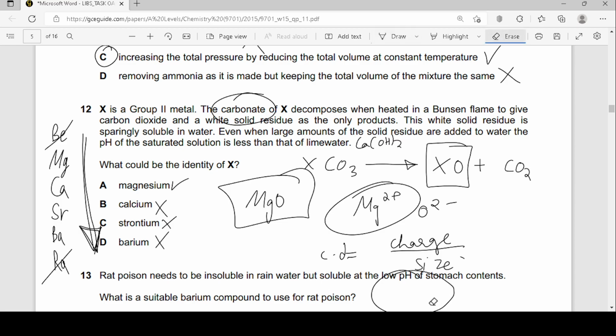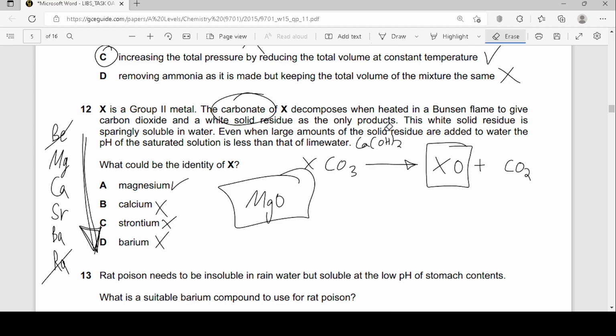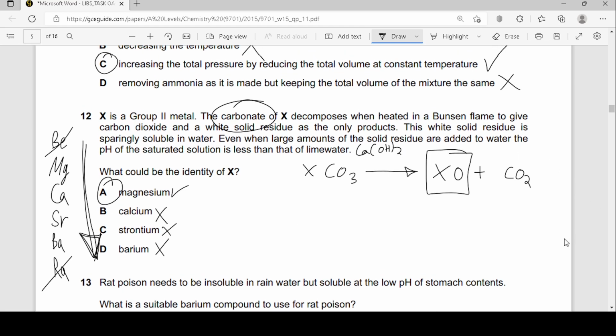So it's easier for barium to decompose, but magnesium's lattice is much stronger, so it's harder for it to decompose in water. I suppose that's a simpler way to explain it. It's harder for magnesium to decompose in water because the Mg2+ has so much charge density compared to Ba2+.